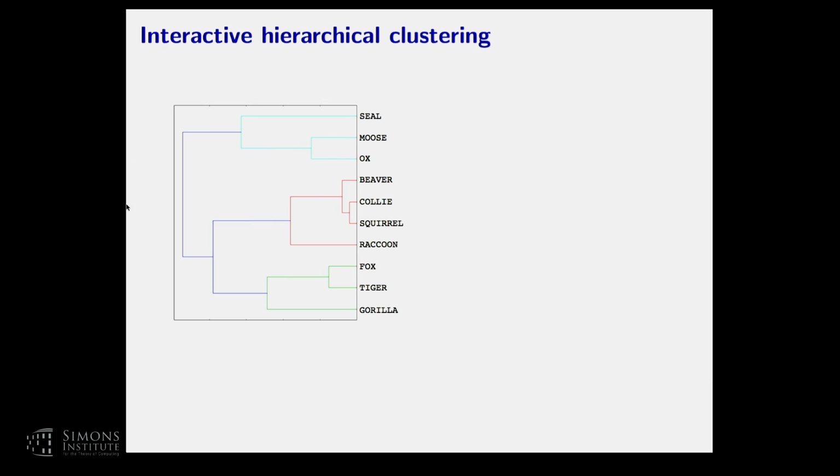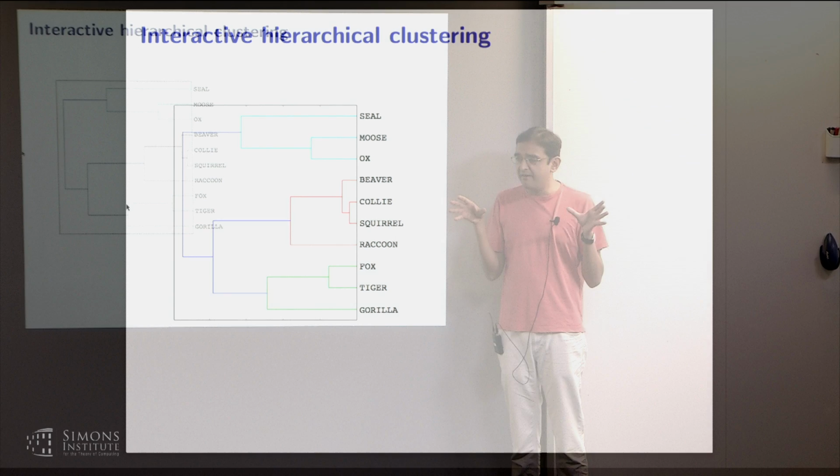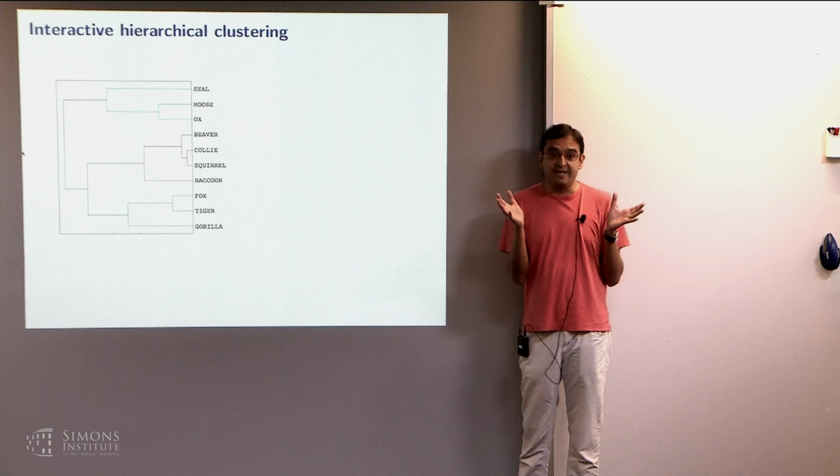Even in the animal example, there are really a lot of ways to hierarchically cluster animals. You could be trying to get the Linnaean taxonomy, or some sort of geographic-based hierarchy, or just how cute they are. I mean, these are all legitimate.